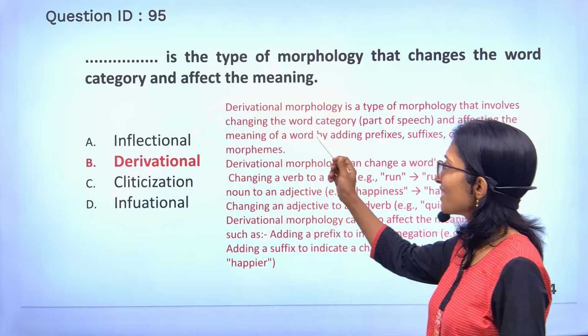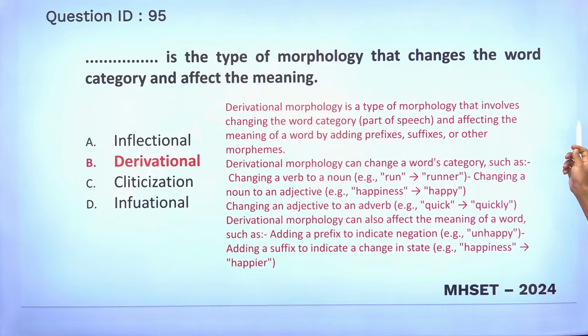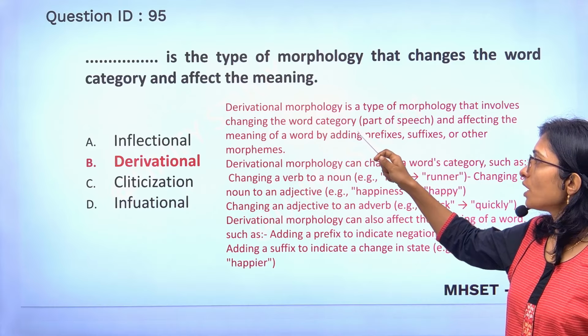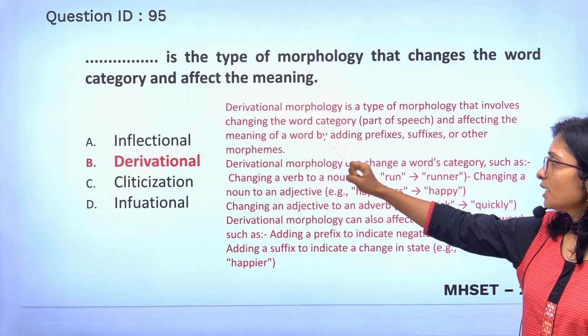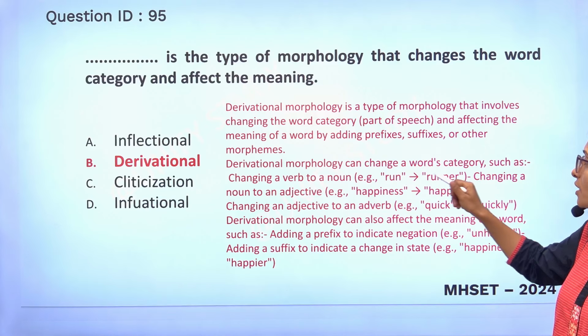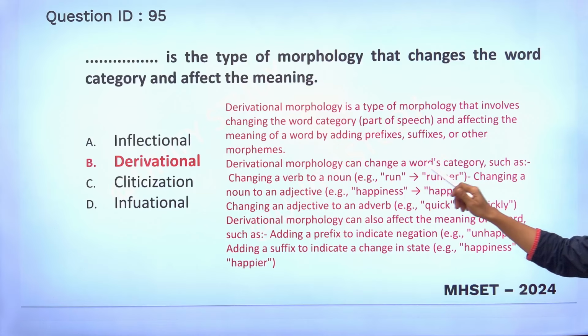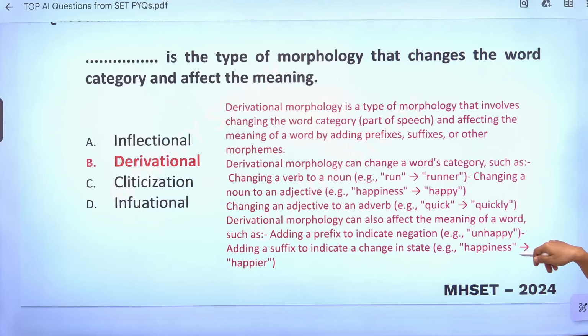So here you see, derivational morphology is the type of morphology that involves changing the word category, parts of speech, and affecting the meaning of the word by adding a prefix, suffix or other morphemes, like run, runner; happy, happiness; quick, quickly; happy, unhappy.